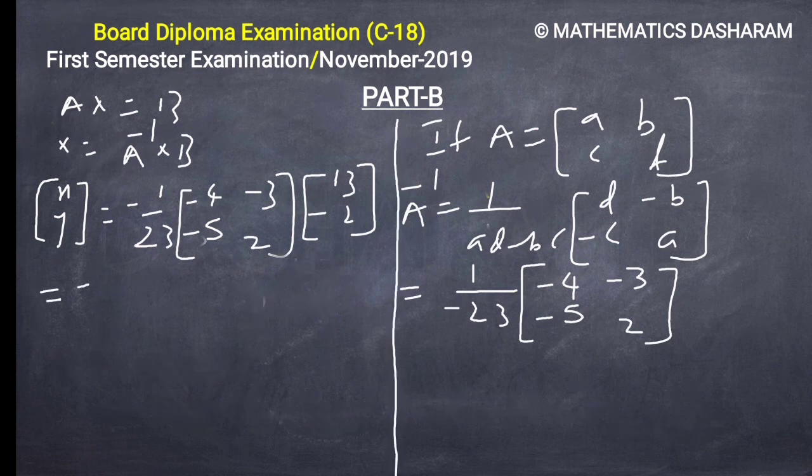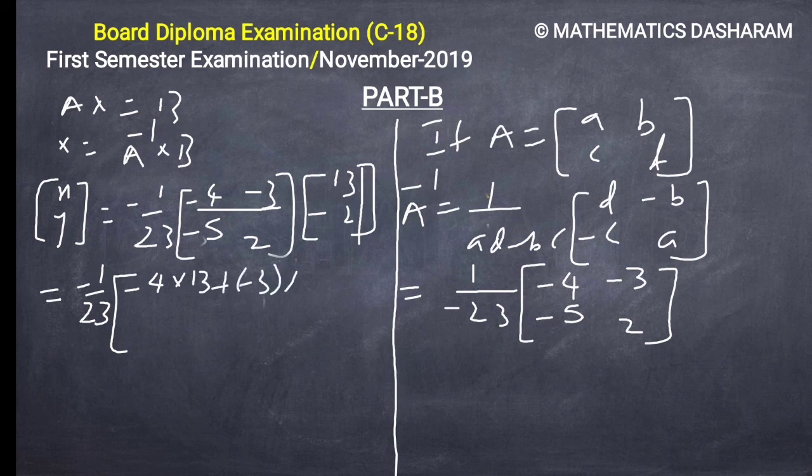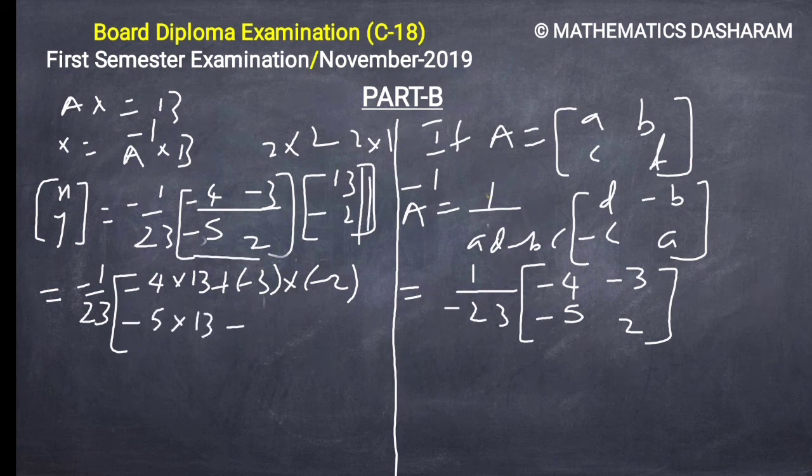So it is equals to minus 1 by 23. It is a product of a 2 by 2 matrix with a 2 by 1 matrix. Here, first row multiplied with first column: minus 4 into 13 plus minus 3 into minus 2. Next, second row with the first column: minus 5 into 13 plus 2 into minus 2.